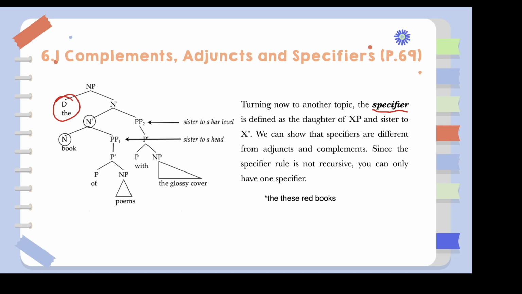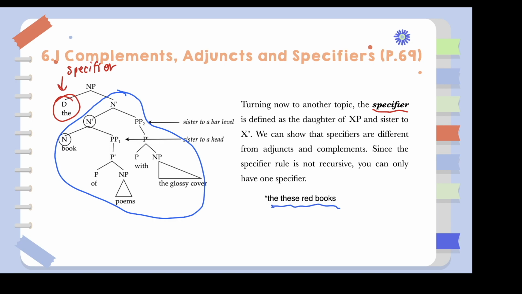It is attached later, after you get the whole thing, like "book of poems with the glossy cover," and there will be only one. In English you can have only one specifier. So we cannot have a case like "these red book," which is ungrammatical. We cannot have "the" and "these" together.